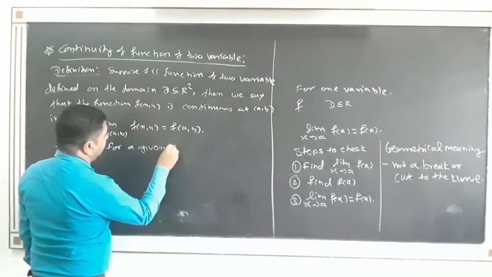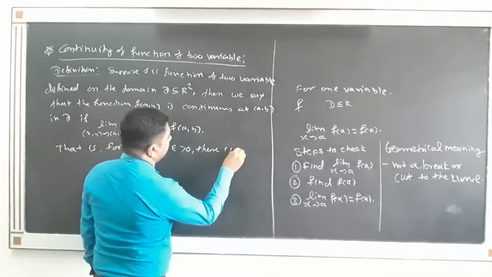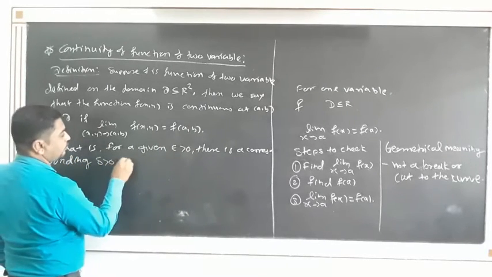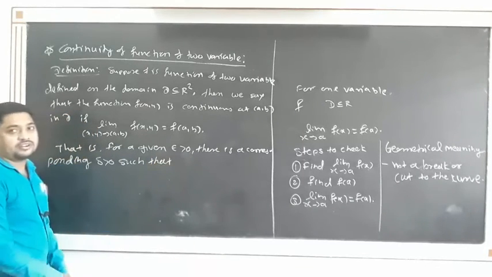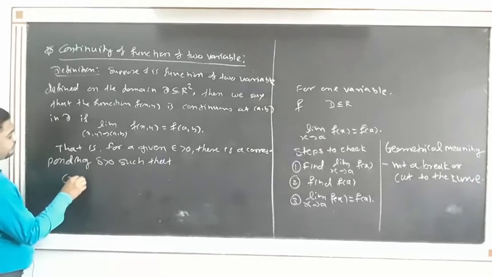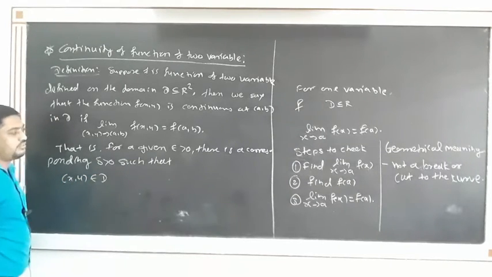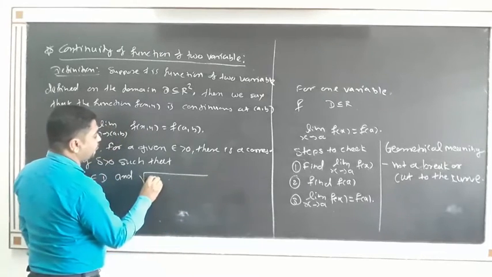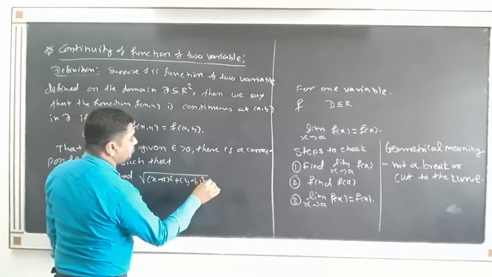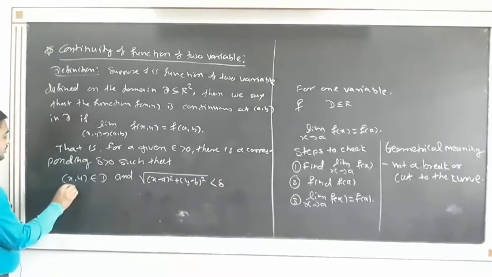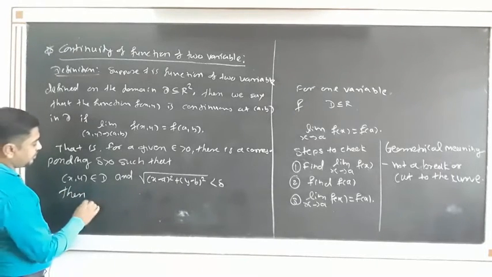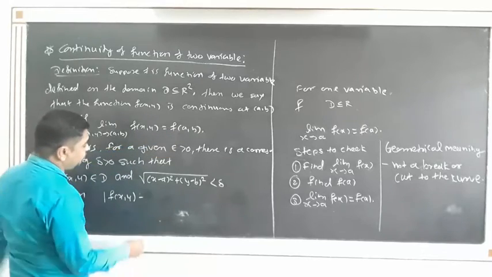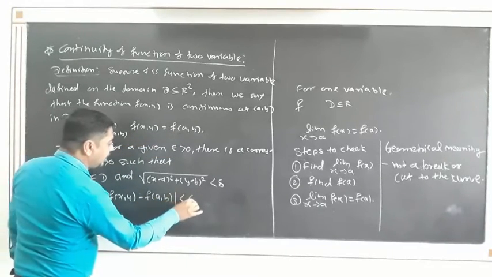For a given epsilon greater than 0, there is a corresponding delta greater than 0 such that for all (x, y) in D, if square root of (x minus a) square plus (y minus b) square is less than delta, then mod of f of xy minus, in the limit definition there is L, but here it should be f of (a, b), is less than epsilon.